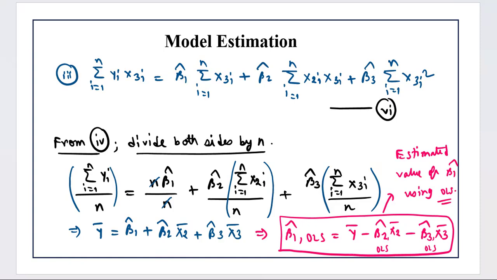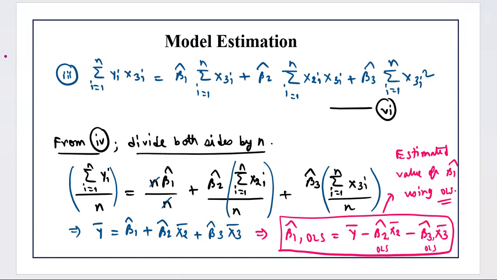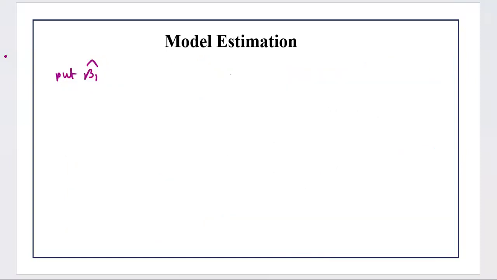I hope this much is clear. Now, how to find out beta 2 cap OLS and beta 3 cap OLS? For that, you have to perform another exercise. Let me show you. Next step would be to put this estimated value of beta 1 cap into equation 5.